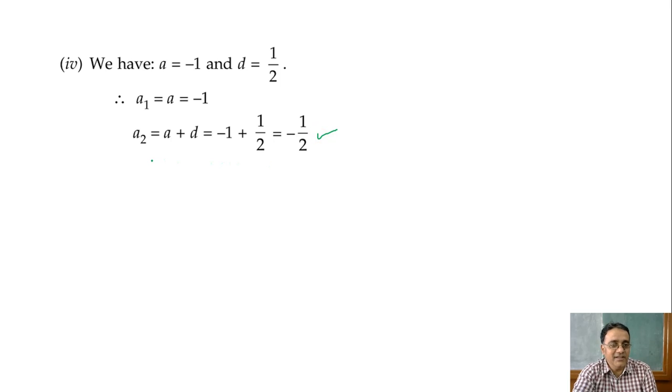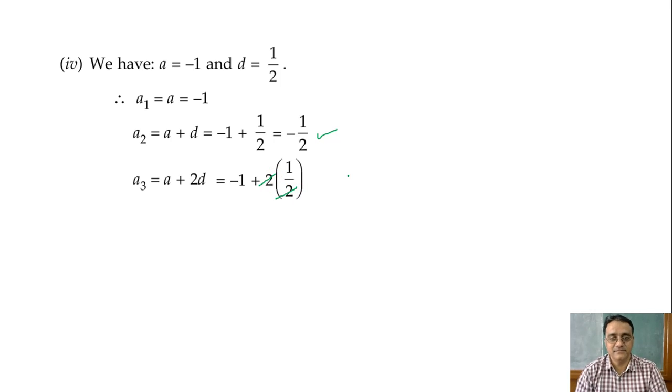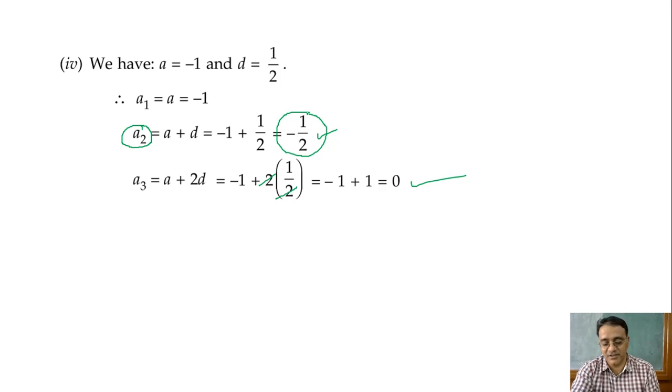Right? Now A3. A3 is A plus 2D. That is -1 plus 2 into 1/2. So 2 cancel, -1 plus 1. 0. Right. और हम लोग A2 plus D भी लिख सकते हैं. That is -1/2 plus half, 0.